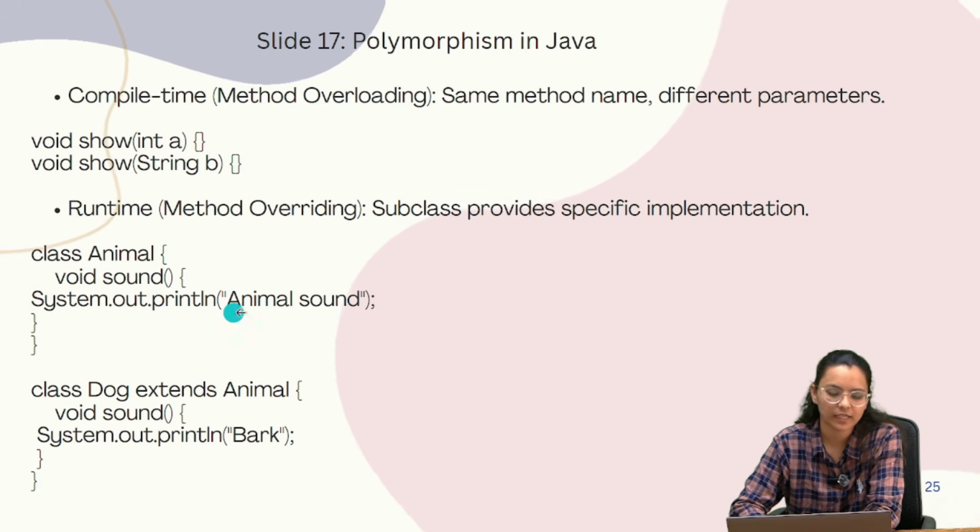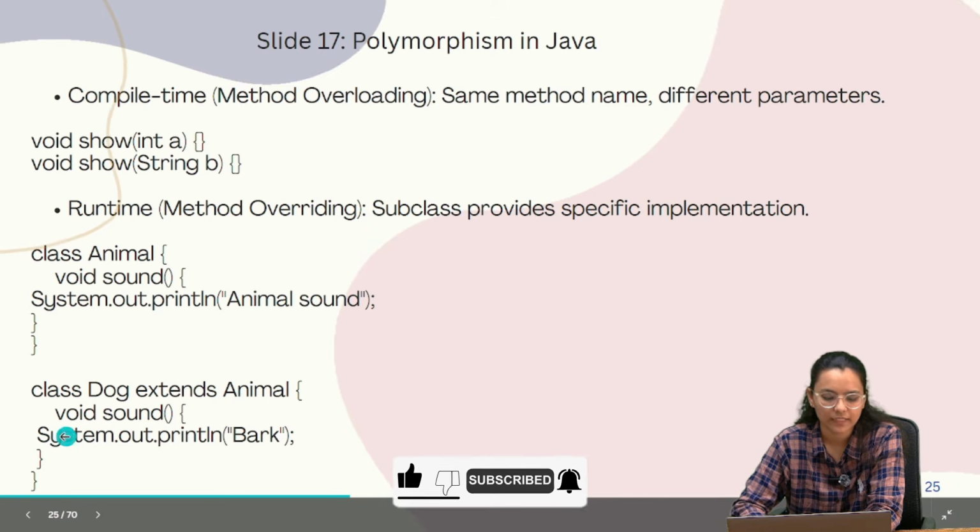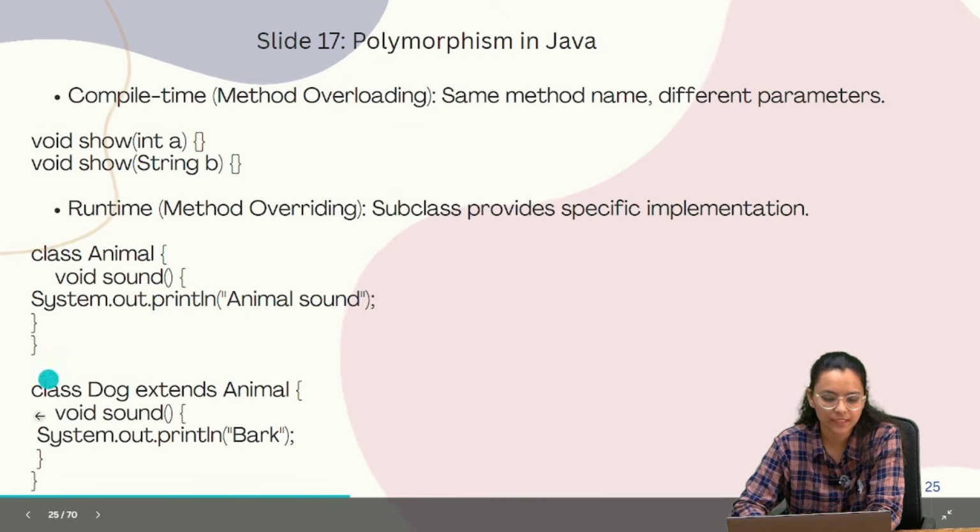Here we write "Animal sound" in double quotes, because a string is always written in double quotes. Next, class Dog extends Animal, with void sound, and System.out.println "bark". If we write this program like this, we will get the output when the sound method is called.